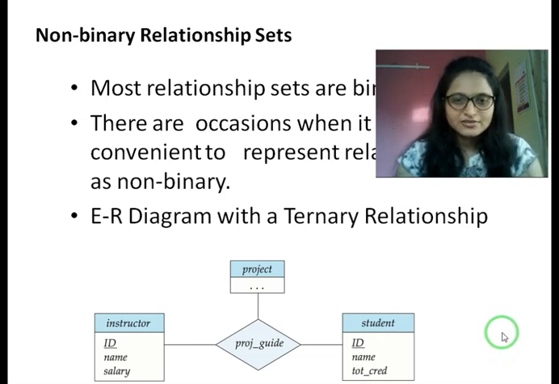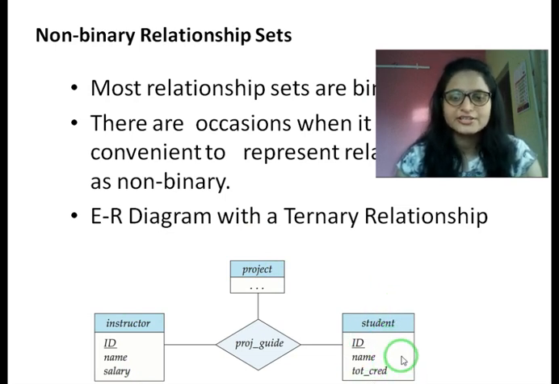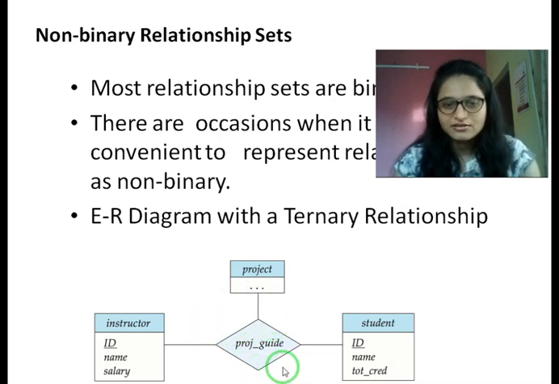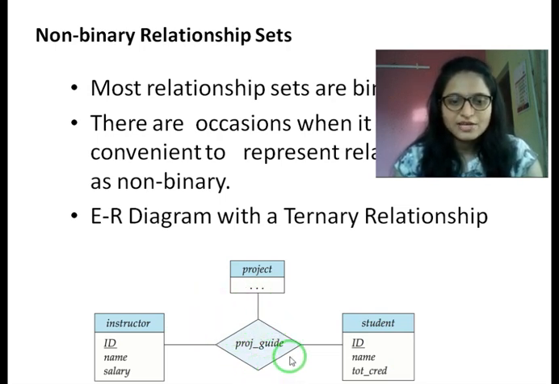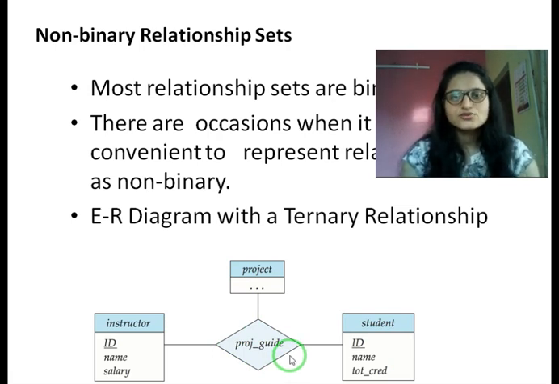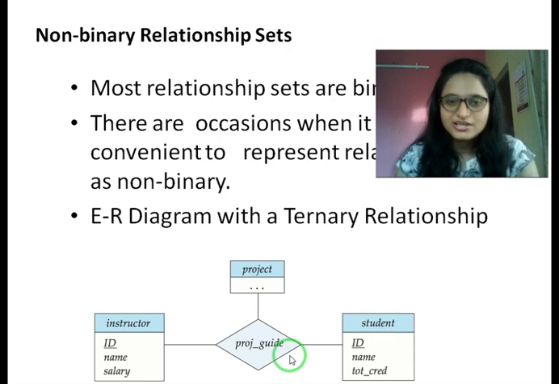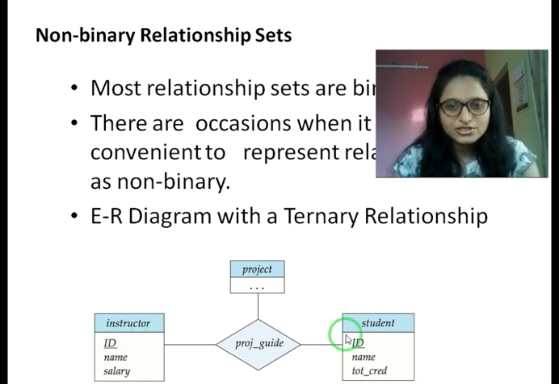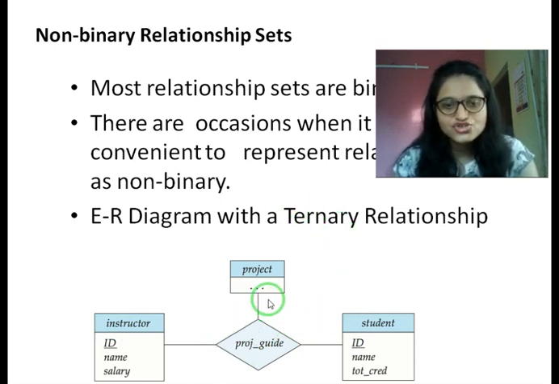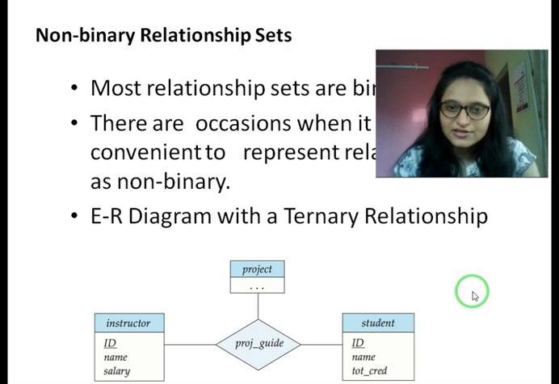So dear student, here project is one entity, instructor is another entity and student is also one entity, and all these three entities are in a relationship named project_guide. So this ER diagram has a ternary relationship, meaning instructor and student have one project ID, and from this relationship we understand which instructor guides which student for what project. So this is termed as a ternary relationship.